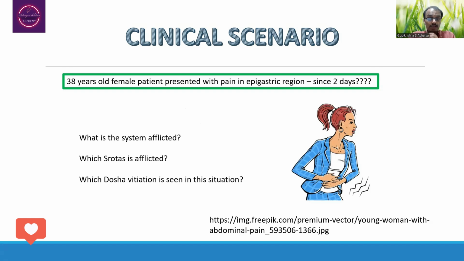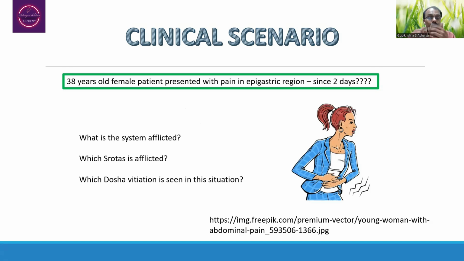Suppose the person has pain in the epigastric region not associated with vomiting, but associated with diarrhea, then we may suspect Annavaha Srotas and Purishavaha Srotas affliction. Now, when you think about the clinical scenario, the dosha affliction here could be Pitta dosha vitiation.